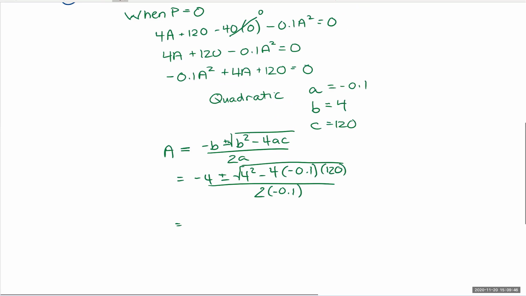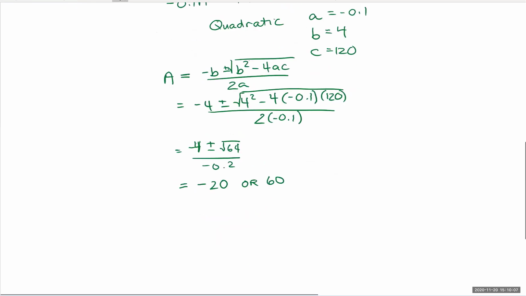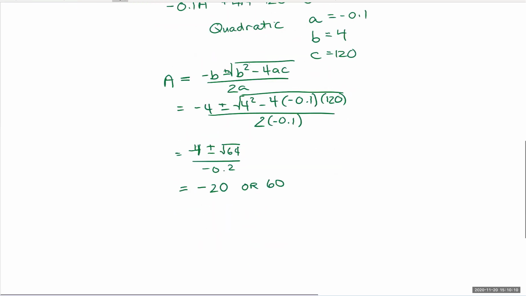It gives me negative 4 plus or minus the root of 64 divided by negative 0.2, or negative 20 or 60. So in other words, when p is equal to 0, I have two critical point pairings that come from p being equal to 0.